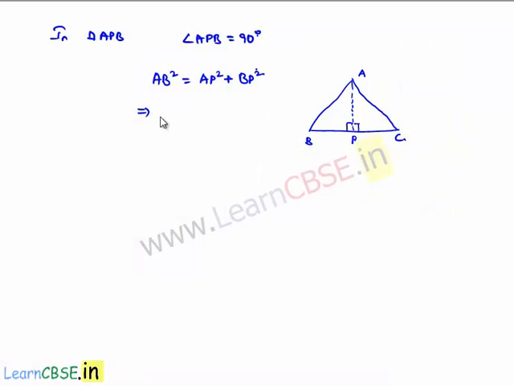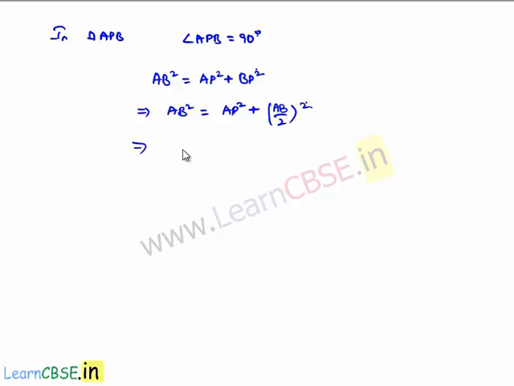That implies AB square, let it remain as it is, which is equal to AP square plus we got BP or PB as AB by 2. So let us replace it, AB by 2 whole square. That implies AB square is equal to AP square plus AB by 2 whole square is nothing but AB square by 4.